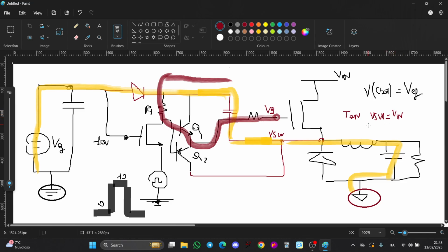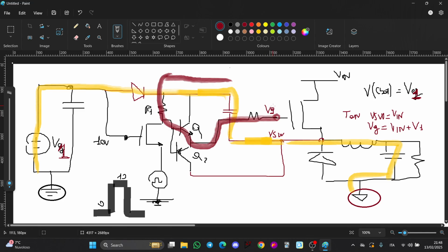But now, the VG voltage... Oh, sorry. Let's call this V1. This has the same name. So this is charged to V1. The gate voltage VG is now equal to V in plus V1, because it is carrying the energy of the capacitor.